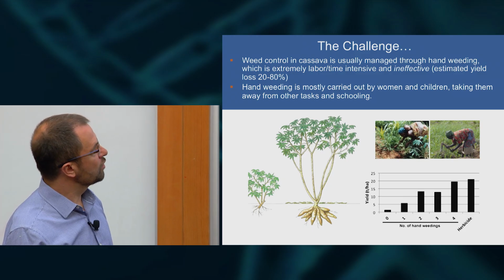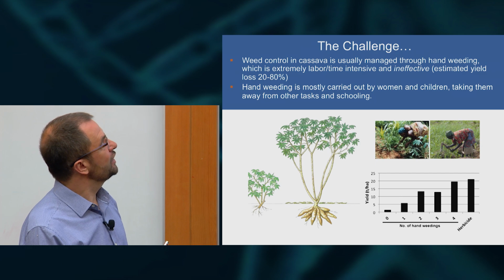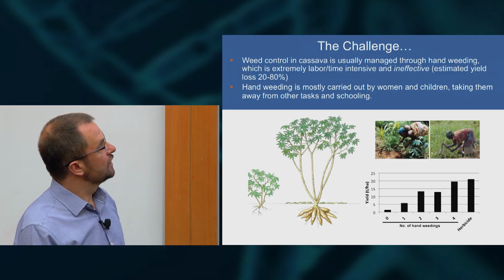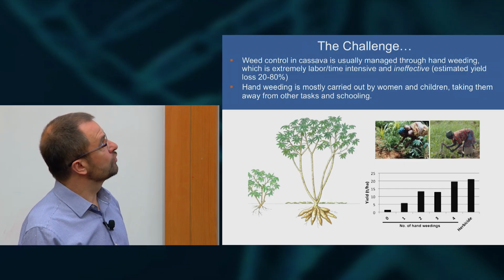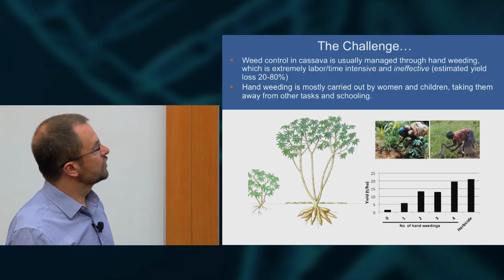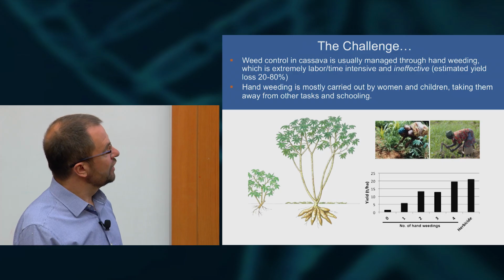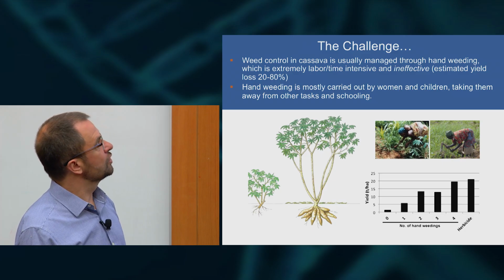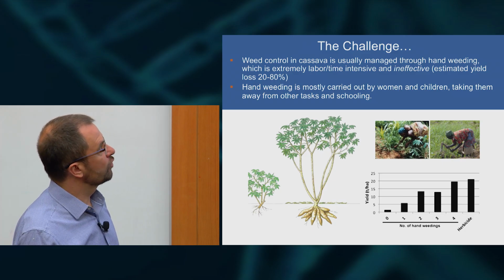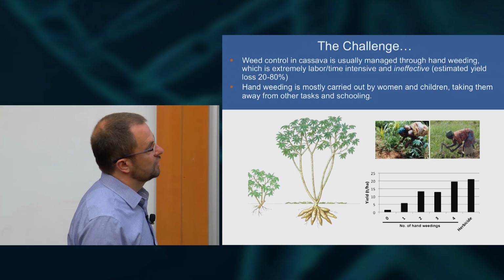And weeds are a problem. In the 18 months that this takes to mature, weeds can result in a 20 to 80% reduction in yield. And the weeding that is performed is hand weeding carried out by the women and children. So the humanitarian mission seen by the Gates Foundation is that if we could have an alternative means of weed control, the women could perform other tasks and the children could attend school.